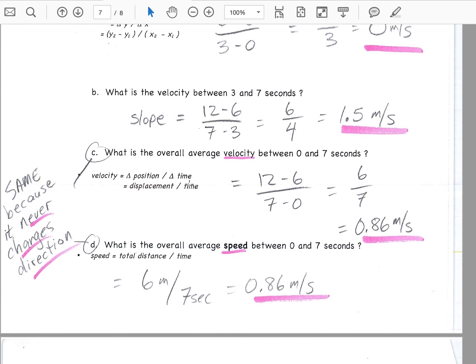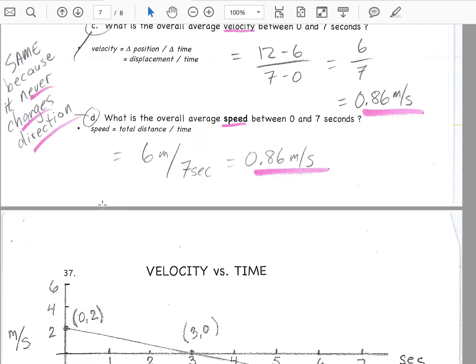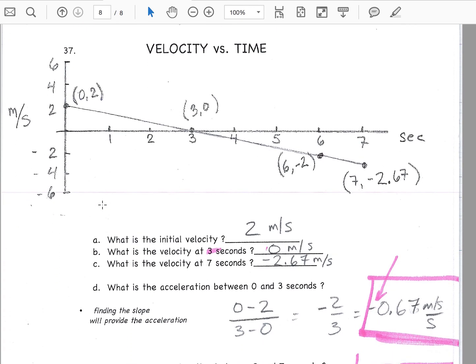So to get the overall average velocity, it is the total displacement over the total time. And in this case, the displacement and the distance are the same number. And that's because this thing never changed direction. So in this case, since I never changed direction, speed and velocity do have the same meaning.